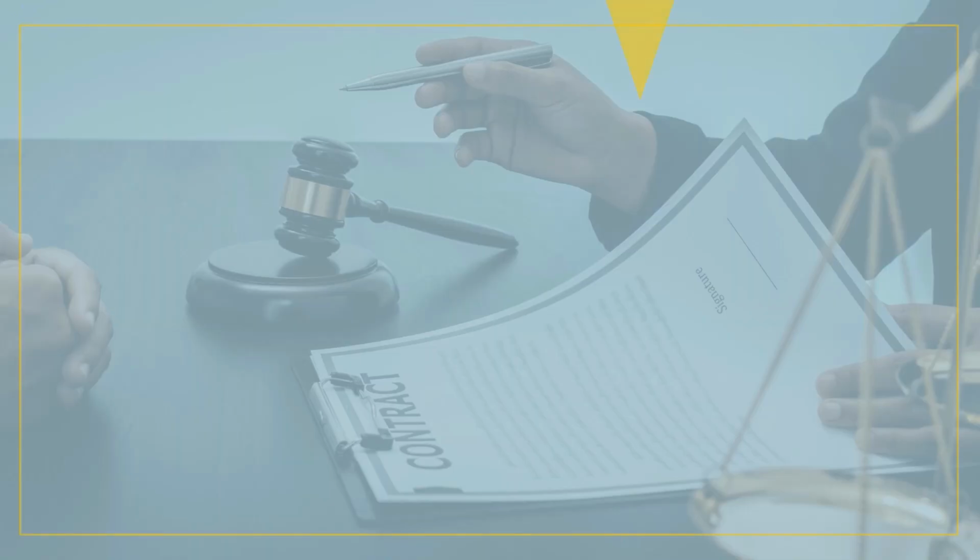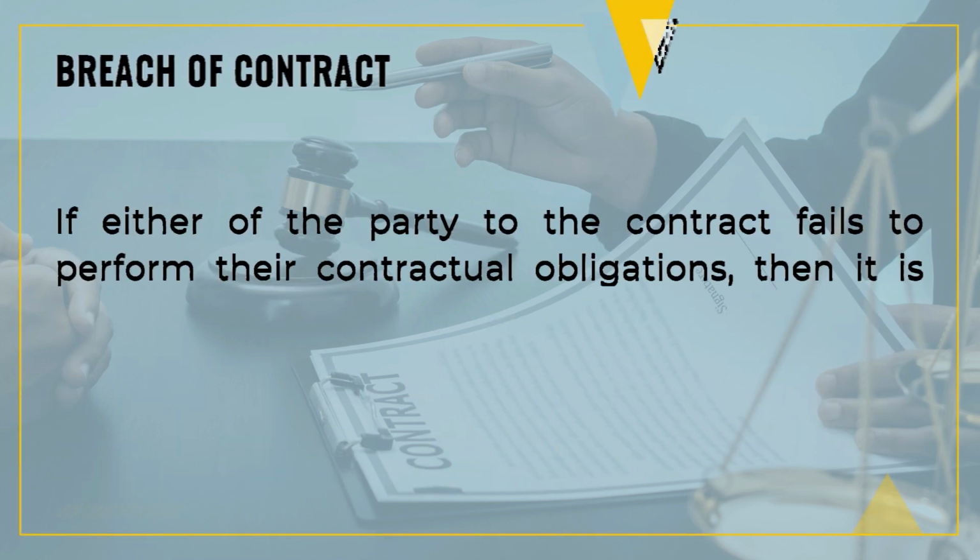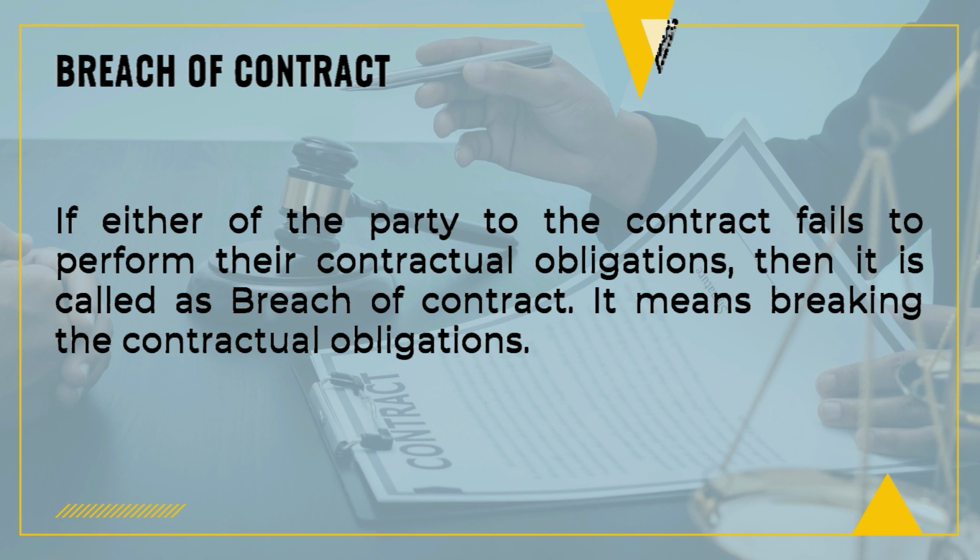In the positive way, the contract gets discharged by performance of contractual obligation. On the other hand, the contract gets discharged on non-performance of contractual obligation. If either of the parties to the contract breaks their contractual obligation, it is called breach of contract, meaning breaking the contractual obligation.